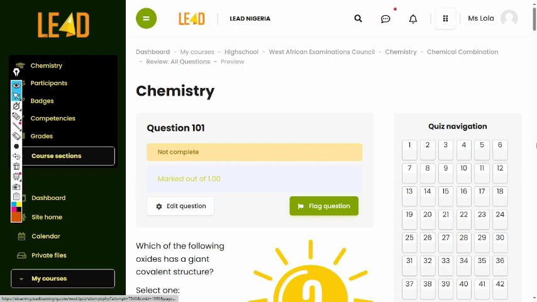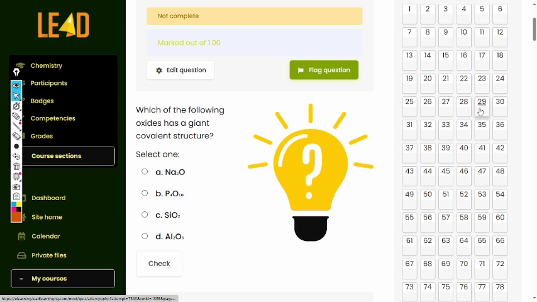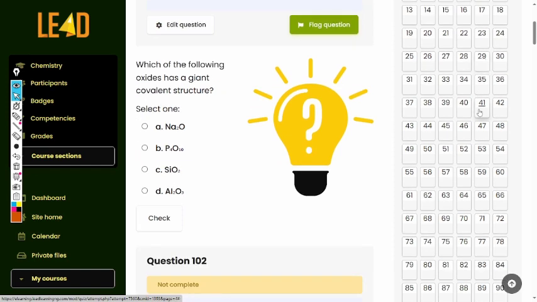Question 101. Which of the following oxides has a giant covalent structure? Okay, so giant covalent structures are formed by certain non-metals. It's not necessarily by how many atoms you see here, but by the structure that it forms. So we can eliminate sodium oxide and aluminium oxide because those will give us mostly ionic compounds. So it's either phosphorus oxide or silicon oxide.